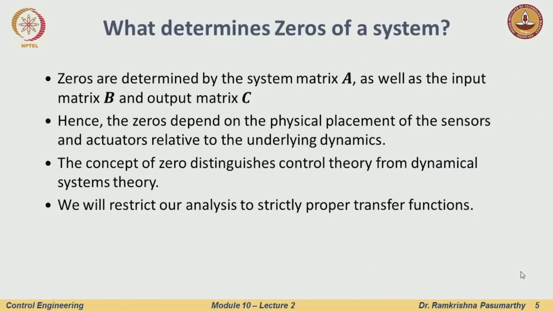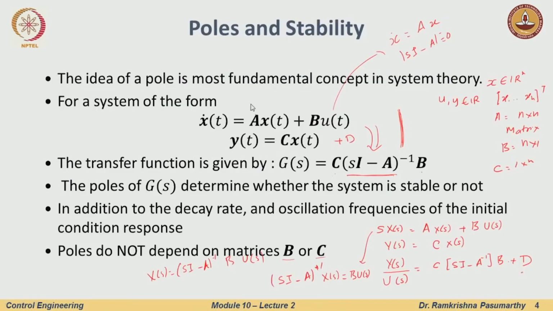Now zeros are determined by the system matrix A as well as the input B and the output C. Now what does this input suggest and what does this output suggest? The input matrix, or the way the input enters the system, is via placement of certain actuators, actuating elements.